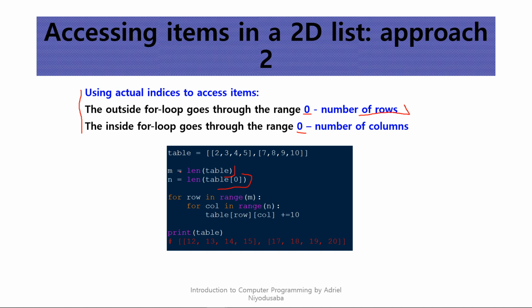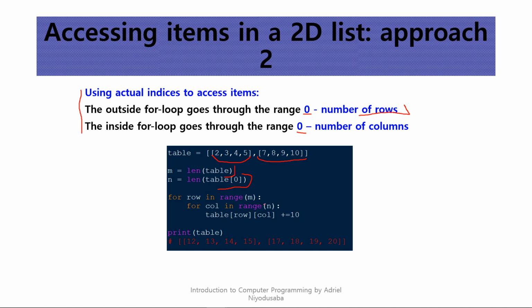Now, having this information of m and n, we can loop through the range of m, which means going from 0 to 2, because every number we pass will represent a valid index of a row in this table. 0 represents this sublist, 1 represents this one. And now, as we go through that row, we can also use another for loop to go inside it and check all the items.